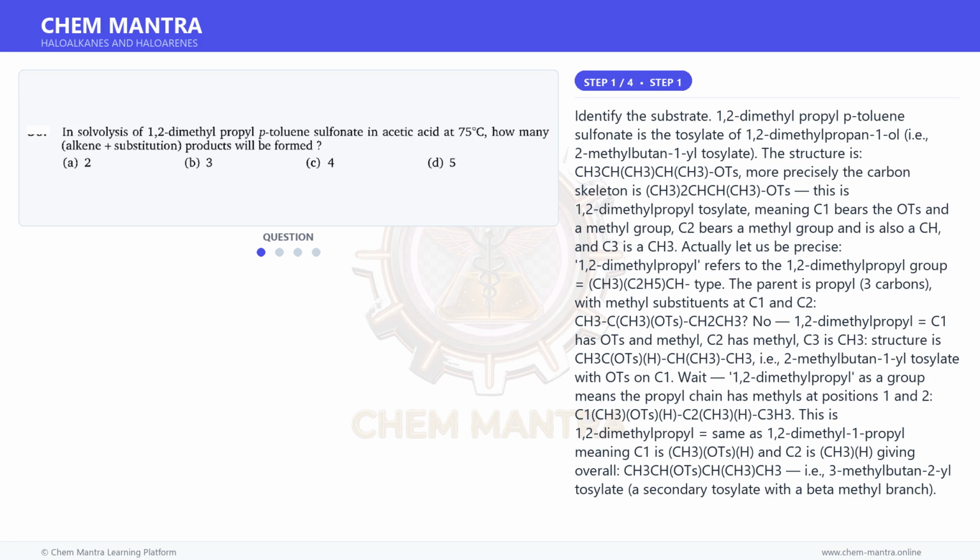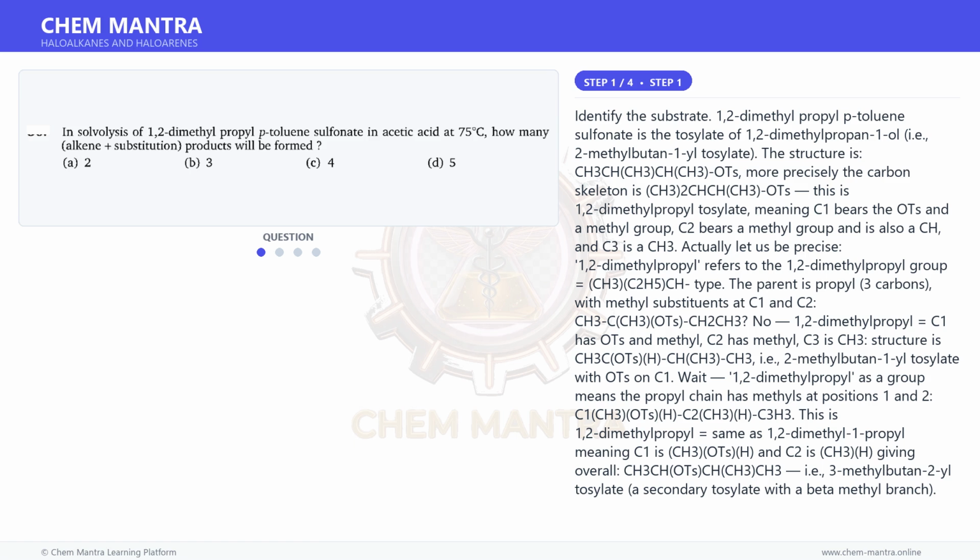Actually, let us be precise. The 1,2-dimethylpropyl group: the parent is propyl, 3 carbons, with methyl substituents at C1 and C2.